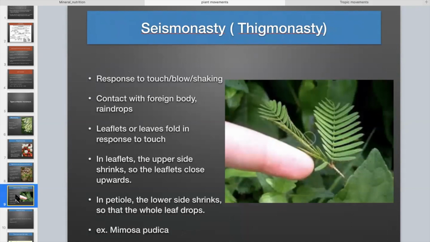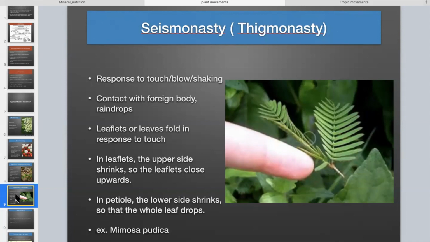You may have seen it in some plants, like in Mimosa pudica. In Mimosa pudica, if you just touch them, what will happen? The whole leaflets will get closed. And the petiole gets down, isn't it? Such type of movements which are due to touch, or due to blow of wind, or due to some electric current, are called seismonastic movements.